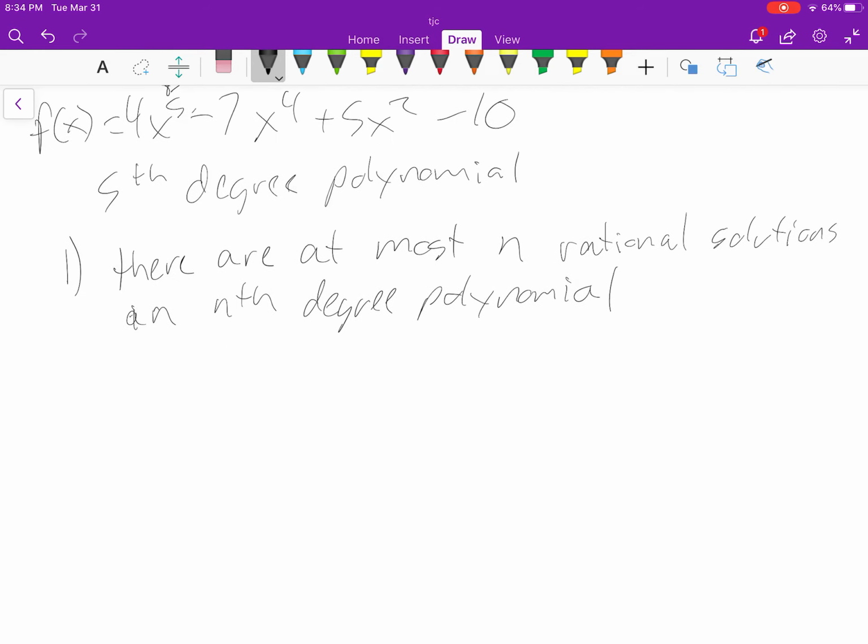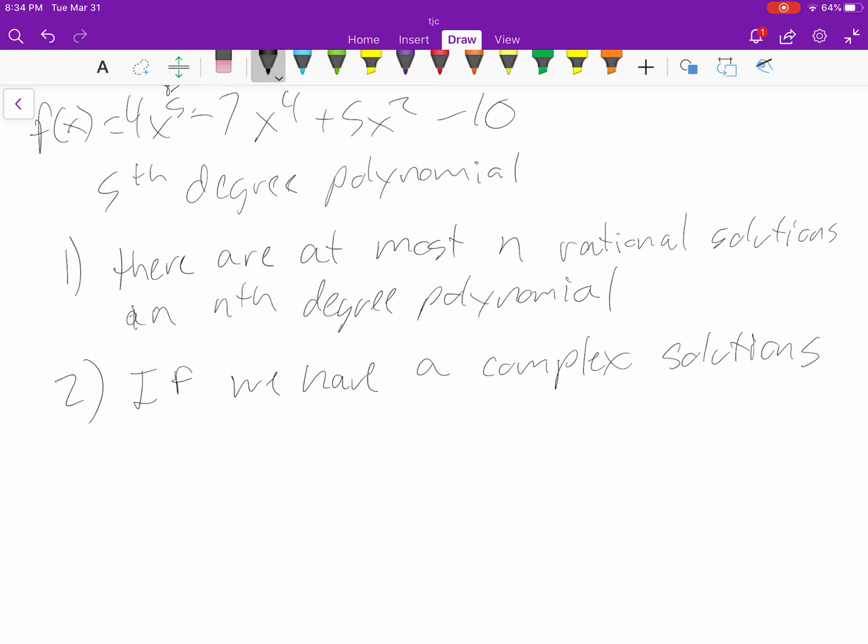There is one more property of polynomials that's useful, and that is if we have a complex solution. Remember, complex solutions came up in the quadratic equation, when we're dealing with a quadratic equation, we could get complex solutions to a trinomial.